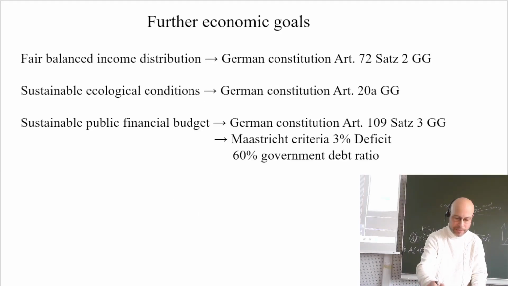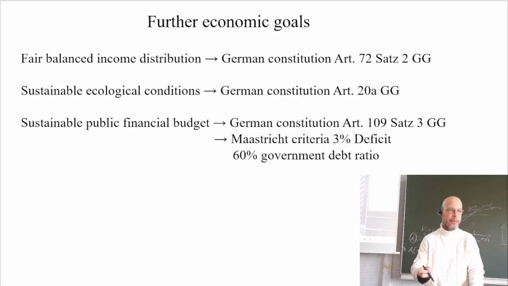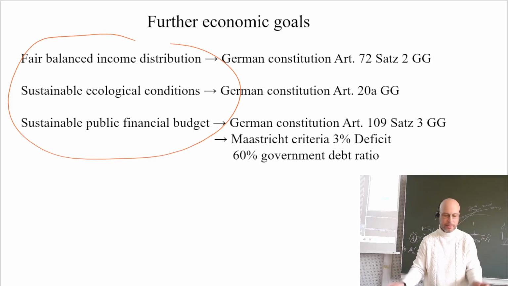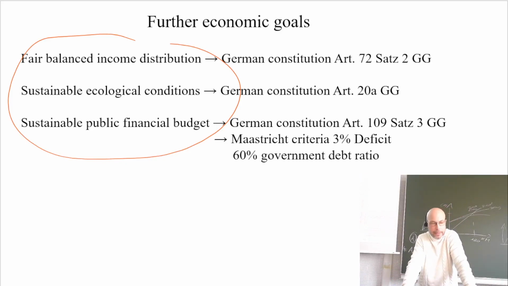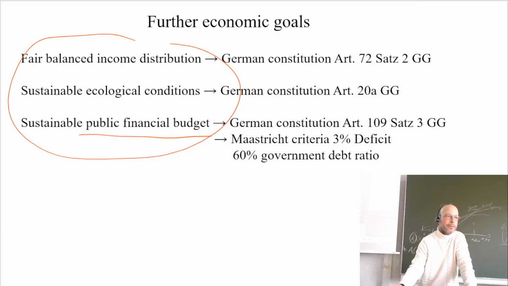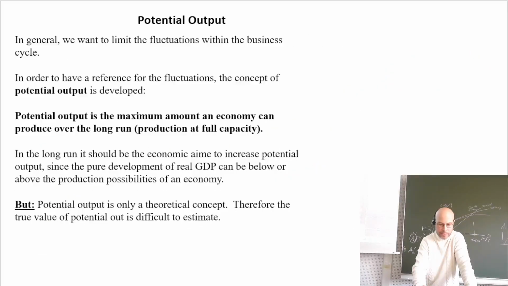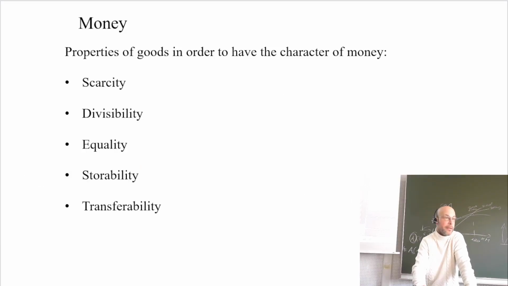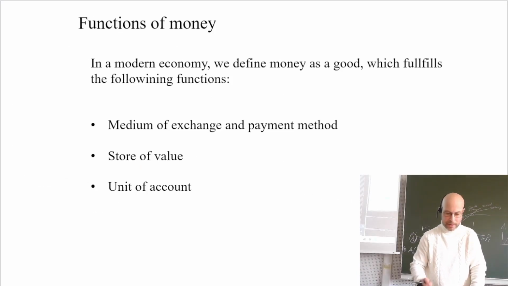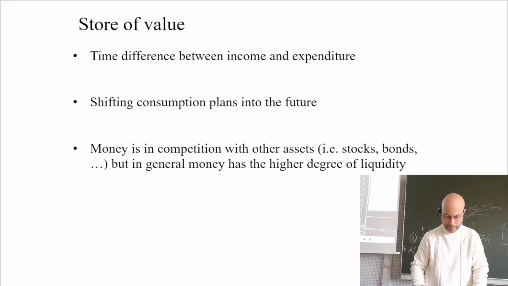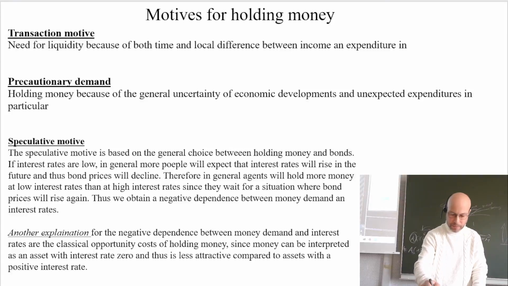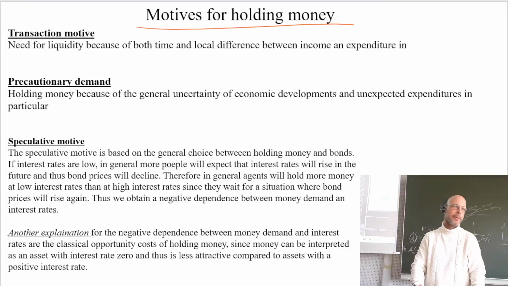Okay, and then we talked about the magic square, and then of course we can add other goals: fair balance, sustainable ecological conditions, sustainable public finance. Also, Lukas talked about this, our debt brake in Germany, and business cycle we have already talked about, potential output we have already talked about, and then of course what is money, and there we have the function of money, and we have the motives of holding money.